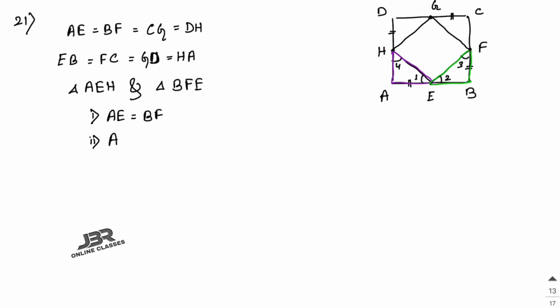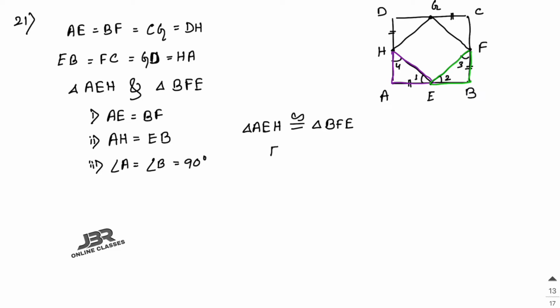Number 2, AH is equal to EB. And number 3, here angle A is equal to angle B, that one equal to 90 degree. Okay, so that means here triangle AEH congruent with triangle BFE.